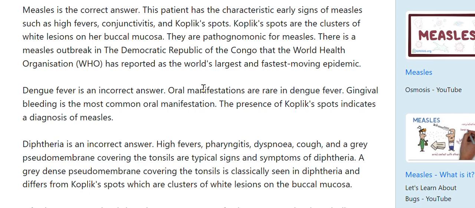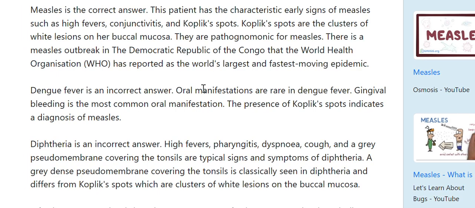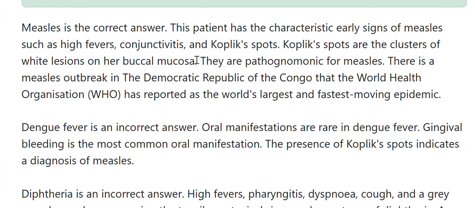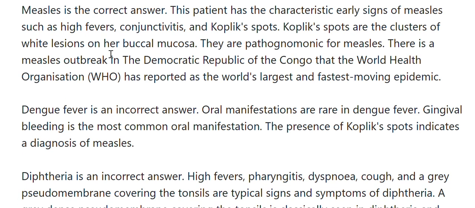The question is describing characteristic early signs of measles, such as fever, conjunctivitis, and Koplik spots.